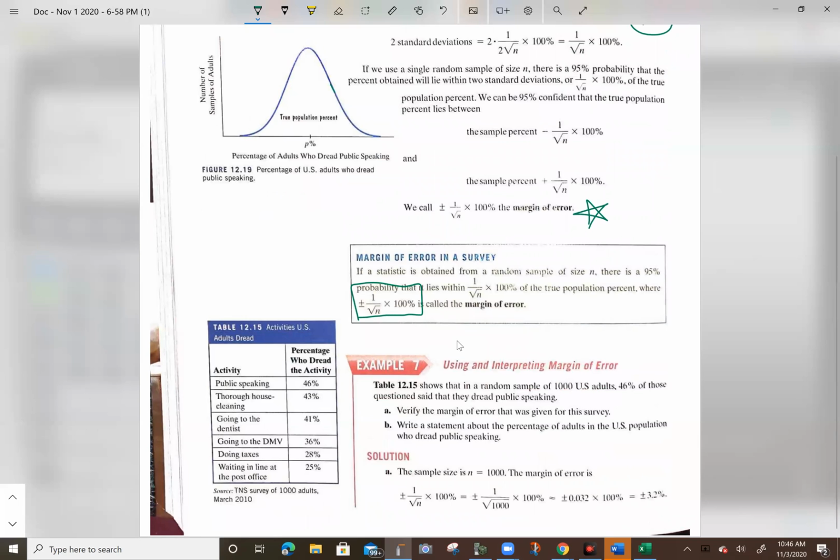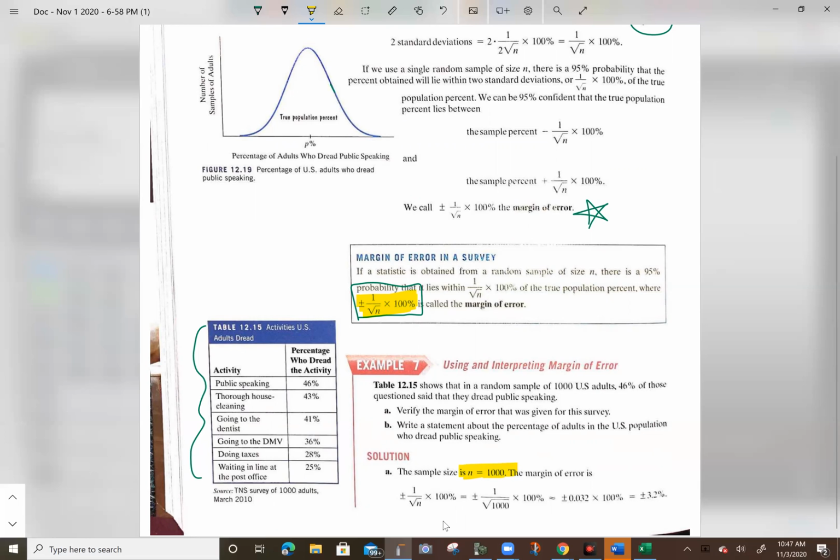Using and interpreting margin of error. We're looking at this table, which is the same as that bar graph we looked at. Verify the margin of error that was given for this survey. We're just using this formula right here that it boiled down to, and n is the number of samples, the number of people, the sample size, which in this case is 1,000.